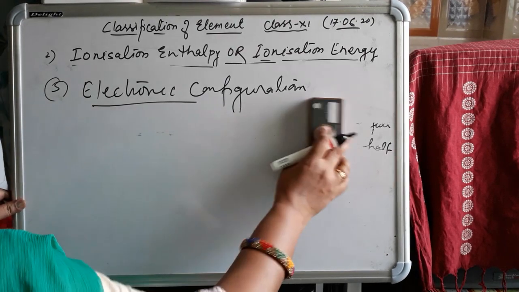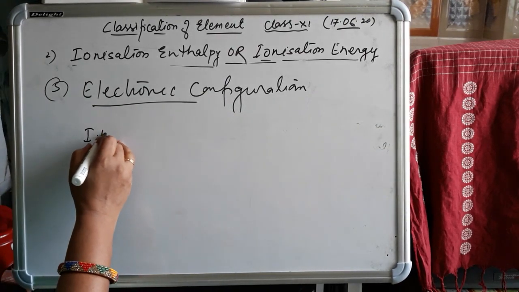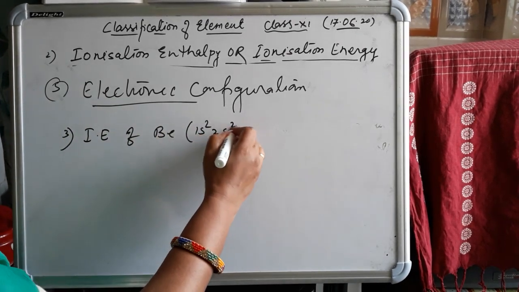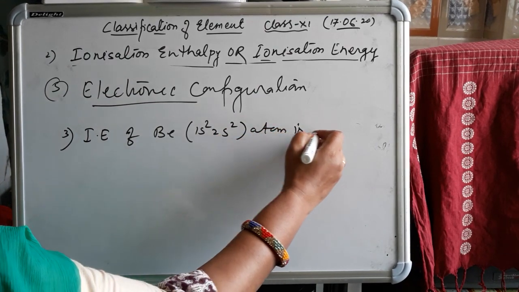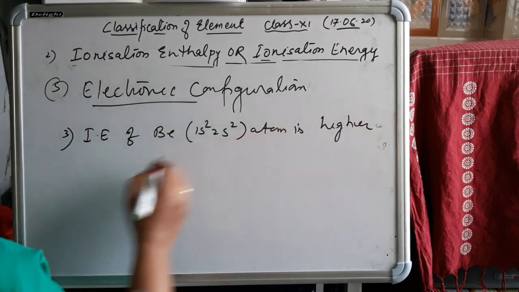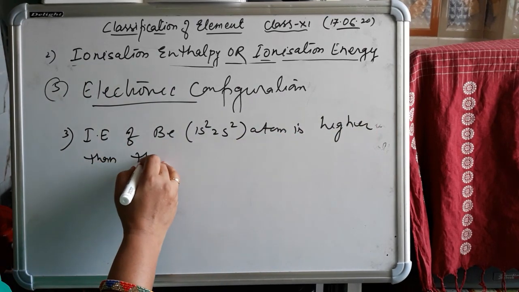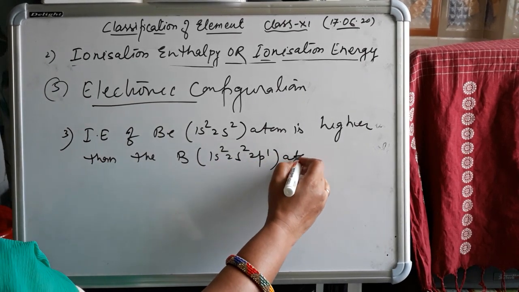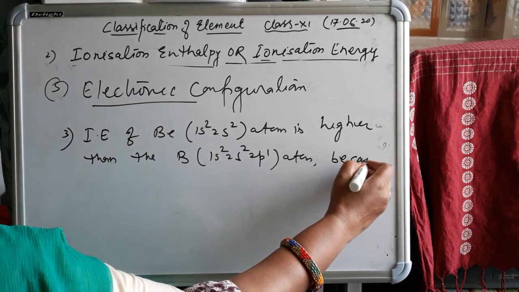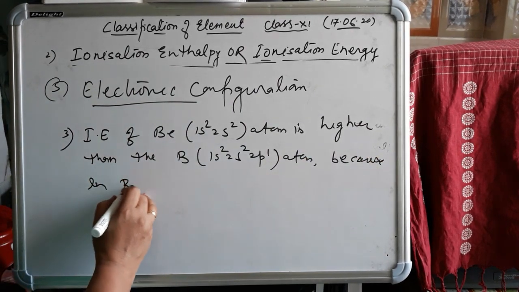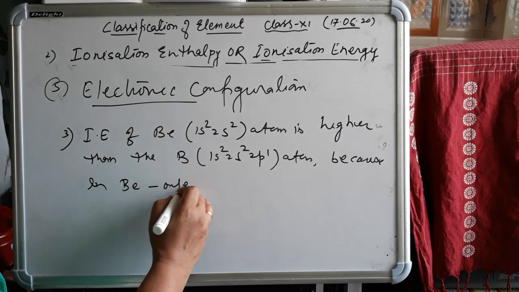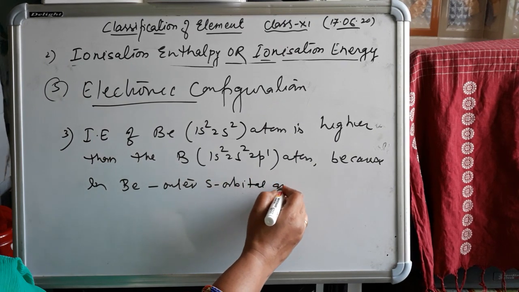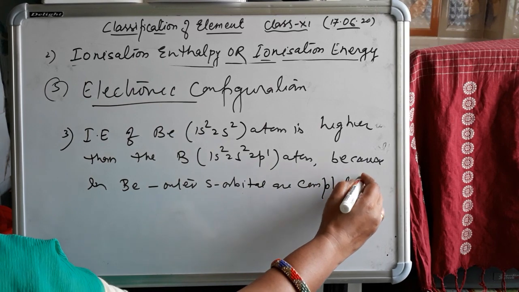In the next condition, the ionization enthalpy of a beryllium 1s2, 2s2 atom is higher than that of a boron 1s2, 2s2, 2p1 atom, because in beryllium the outer s orbital is completely filled.